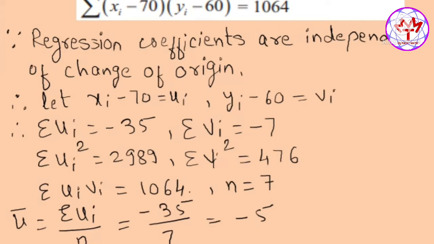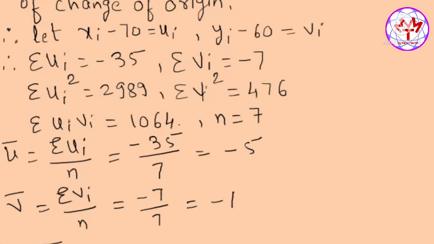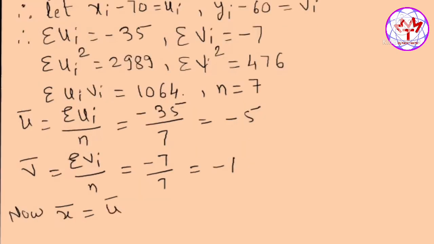See over here, xi minus 70 is equal to ui we have written. So xi will be equal to ui plus 70. So similarly, x bar will be equal to u bar plus 70.